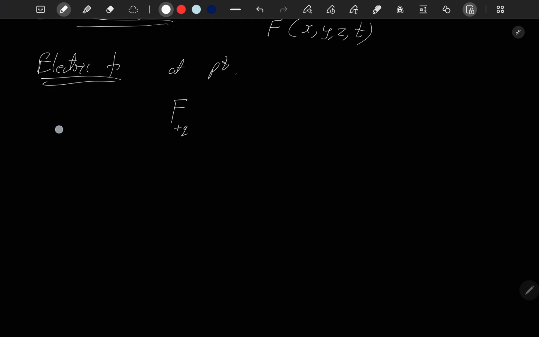For example, if this is our coordinate system xyz, this is the origin. We want to know what is the electric field of this charge. This charge is capital Q sitting at origin. What is the electric field of this charge at some point r?